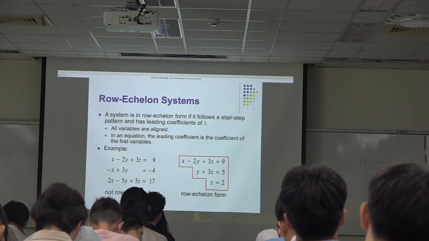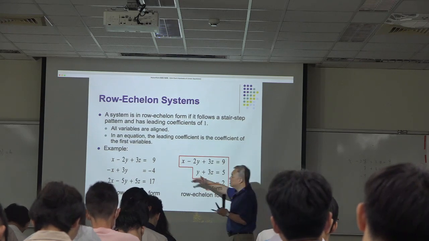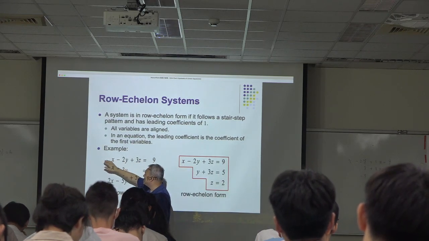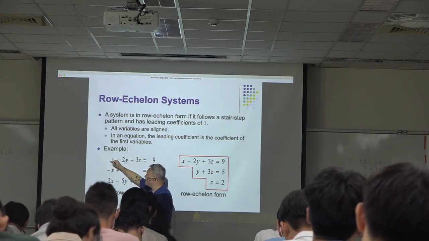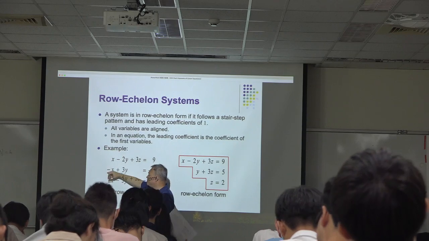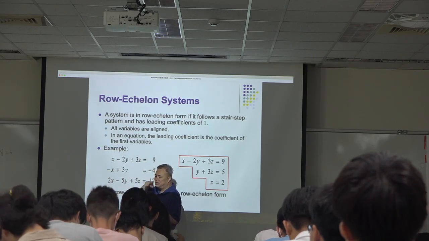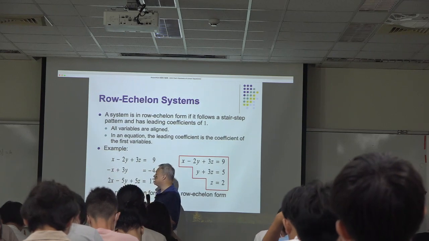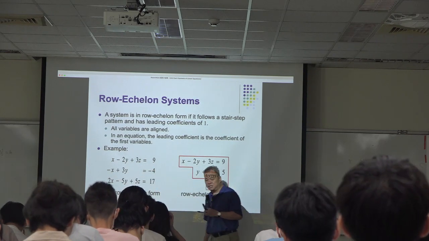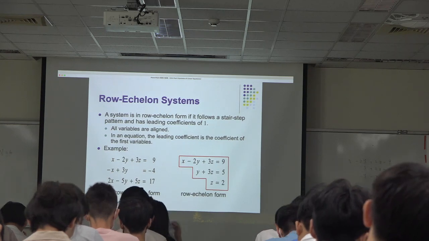Right? So you use the first equation, because the leading coefficient for x is 1. So it's very easy for you to do some manipulation to cancel out the other x in the following linear equations, and then this is done.